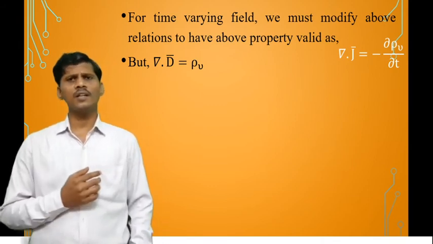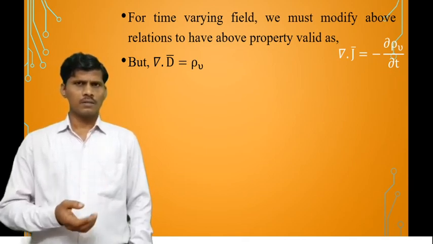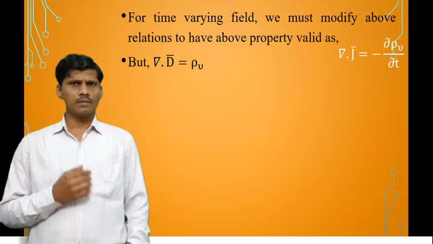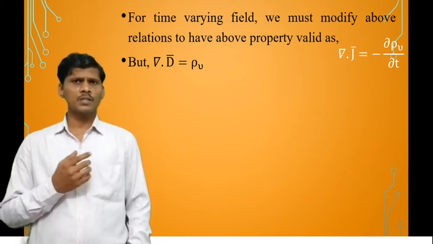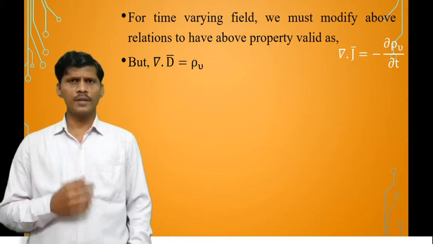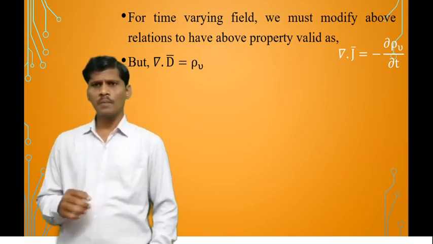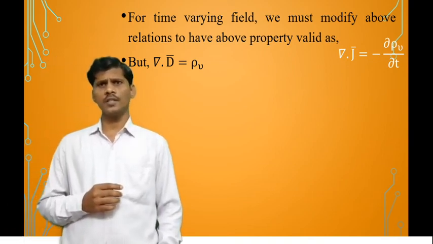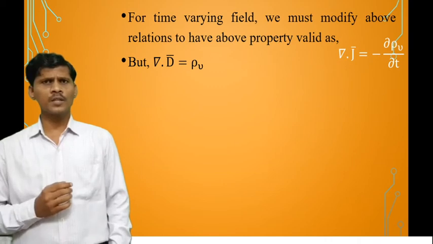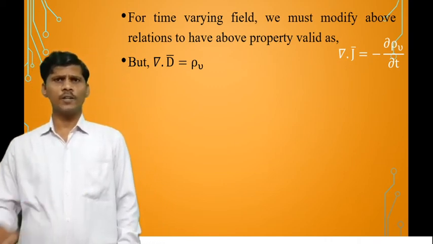So next, calculate another modified form of the Maxwell equation for time varying fields. Del dot j bar is equal to minus dou rho v by dou t, but rho v is the volume charge density. The relationship between volume charge density and electric flux density is rho v is equal to del dot d bar.